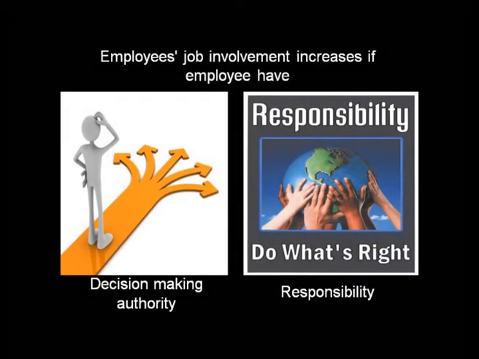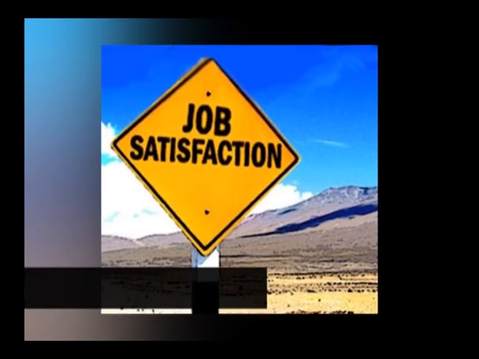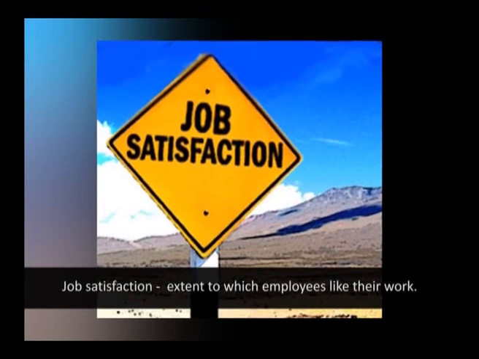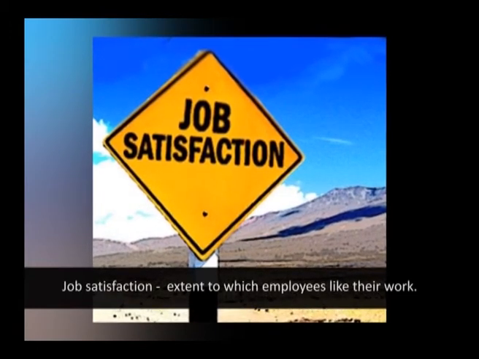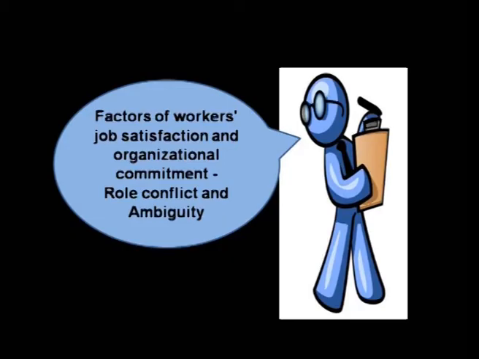Also, employees' job involvement increases if employees have decision-making authority, responsibilities, and control over the tempo of the work. Job satisfaction also helps in increasing their involvement to a great extent. Job satisfaction is commonly defined as the extent to which employees like their work. This would mean the creation of a work-friendly, clean and comfortable working environment.